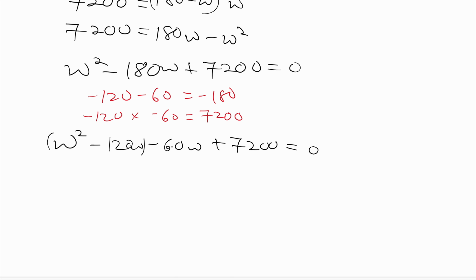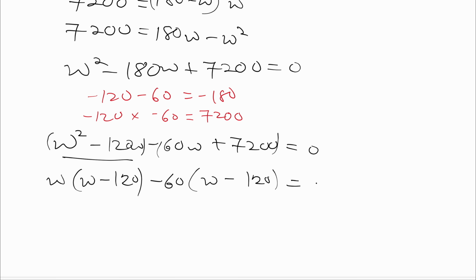Now we can group and factorize: W into brackets (W minus 120) minus 60 into brackets (W minus 120) equals 0. So (W minus 60)(W minus 120) is equal to 0.